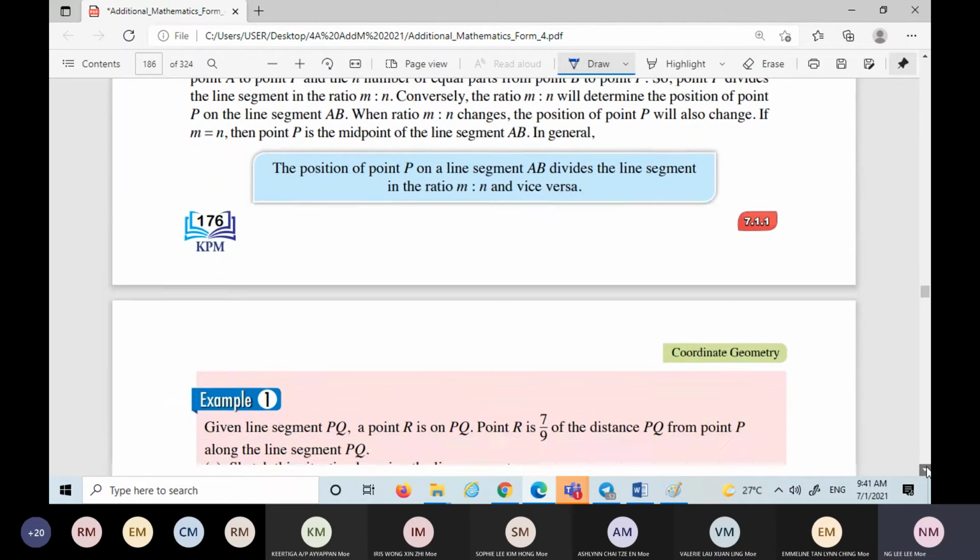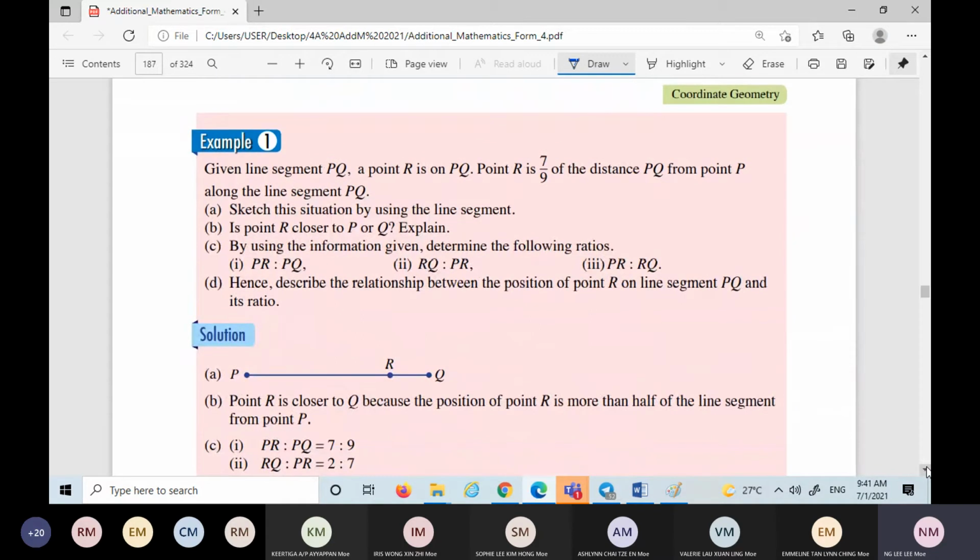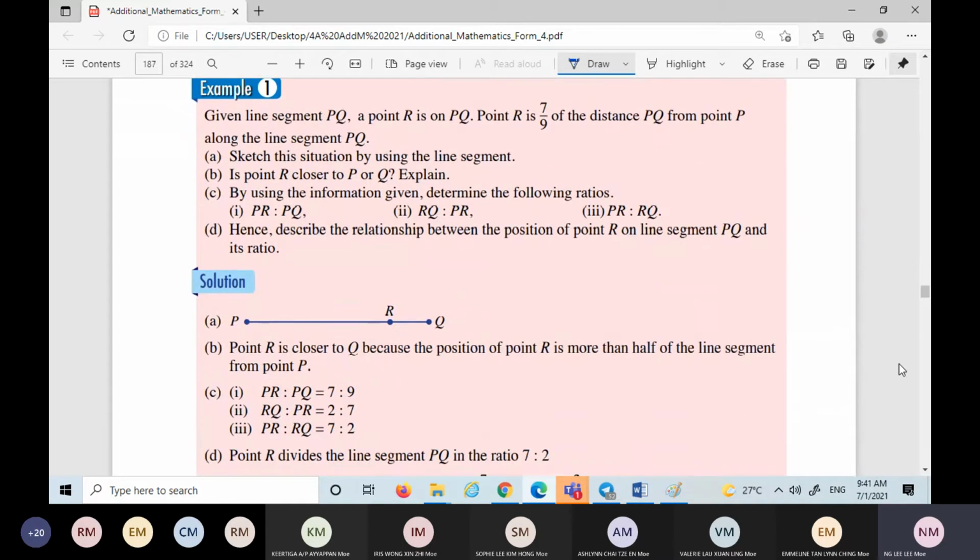So we will straight away go to the example. For this I think it's not really difficult. Given line segment PQ, a point R is on PQ. Point R is 7/9 of the distance PQ from point P along the line segment PQ. Sketch this situation by using the line segment. So what is the meaning of this? Point R is 7/9 of the distance of PQ.